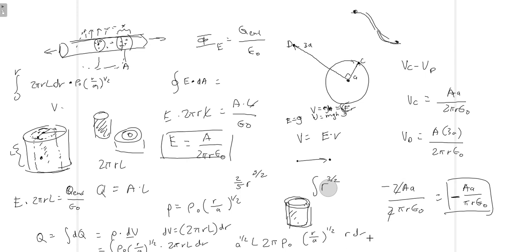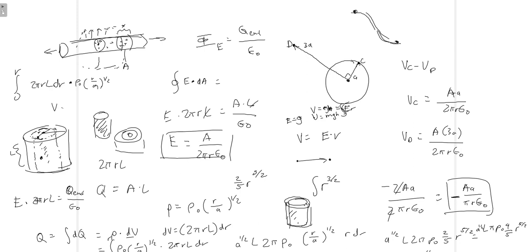And we're integrating from 0 to r. So in the end, this is just going to be 2/5 r to the 5 over 2, over a to the 1/2, times L 2 pi rho naught, so this would be L pi rho naught times 4 over 5 r to the 5 over 2 over a to the 1/2.